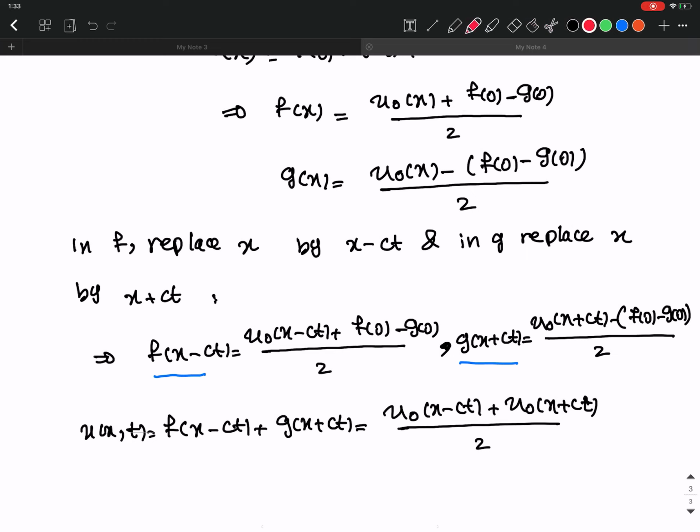And these two are going to cancel out. Right? When you sum them, this one has a negative sign, this has a positive sign, so they are gonna cancel out. So this is gonna be my final solution for this problem based on the initial condition that was given.